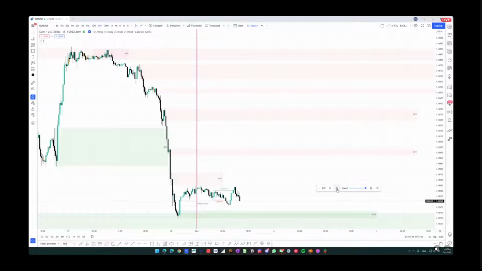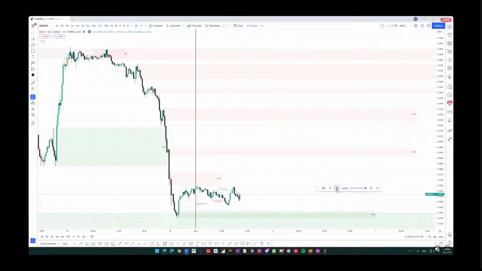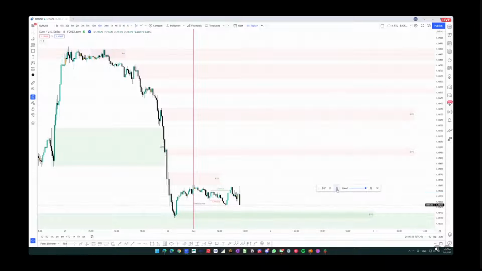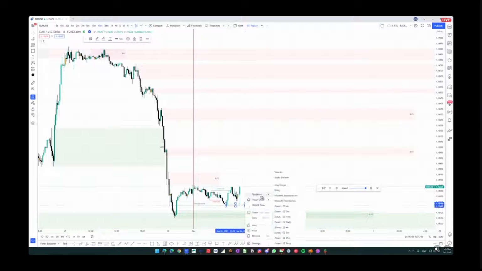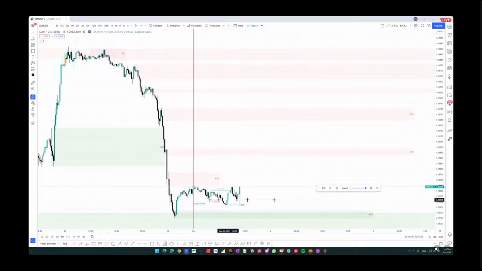So it's starting to come back down. If we wanted to trade this, that would have been our entry. But I don't like the fact that this is not in a 15-minute demand zone, so I'm going to skip it. I'm not going to use this as an entry for the trade.